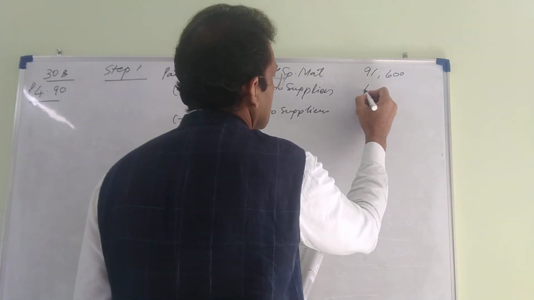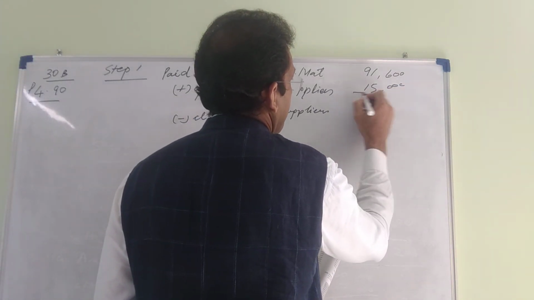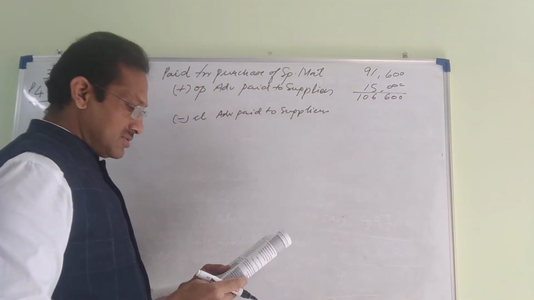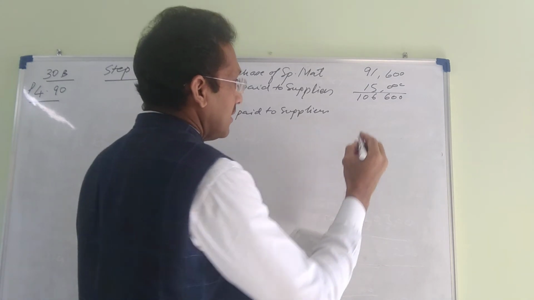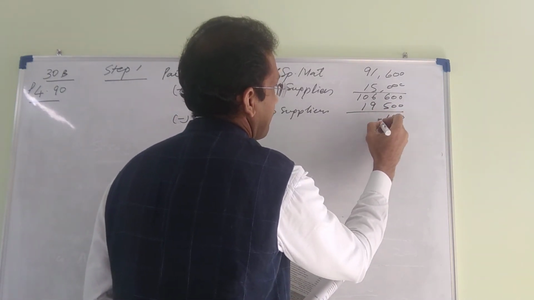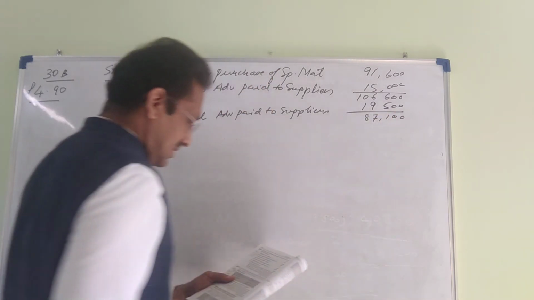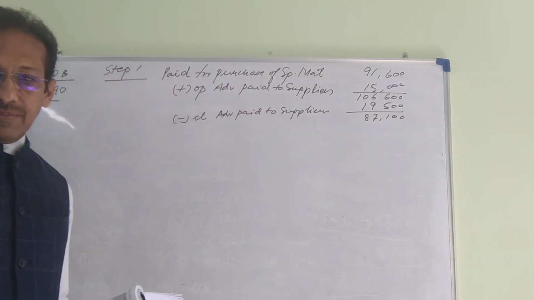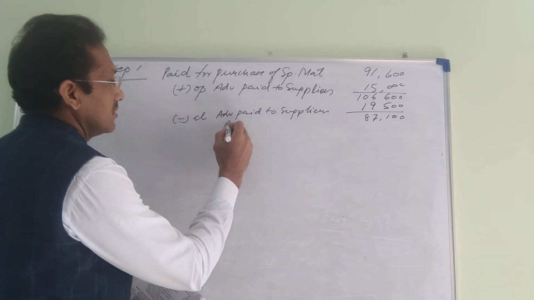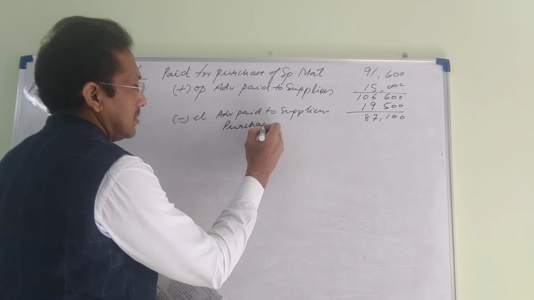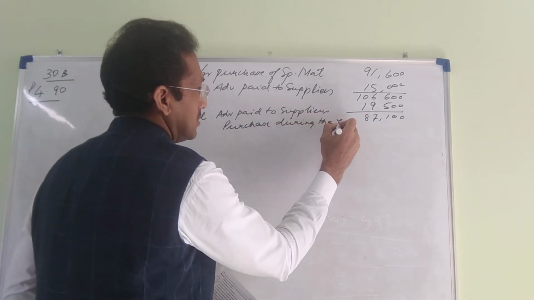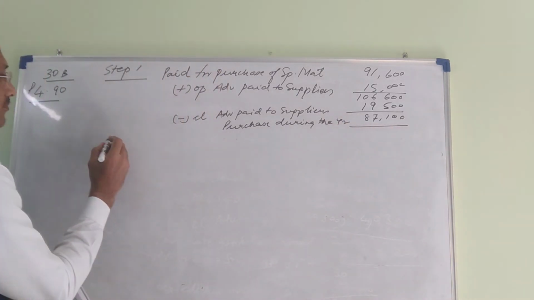Opening is 15,000 and minus closing advance paid to suppliers is 19,500. This is the total purchases during the year. This is step 1.